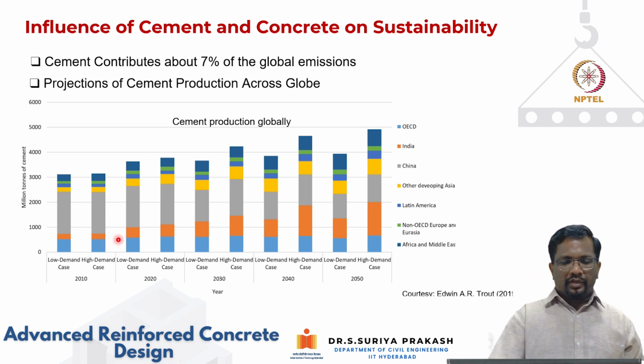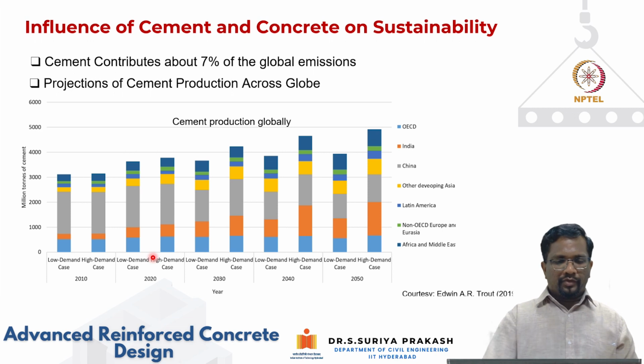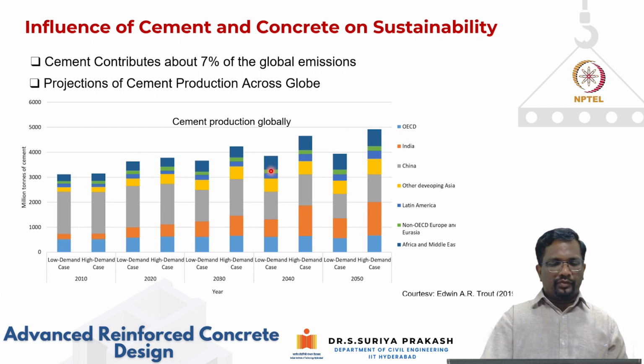If you look at 2020, let's look at the high demand case. The Indian consumption is in the orange color. Roughly we are looking at 400 or 500 million tons of cement in 2020.